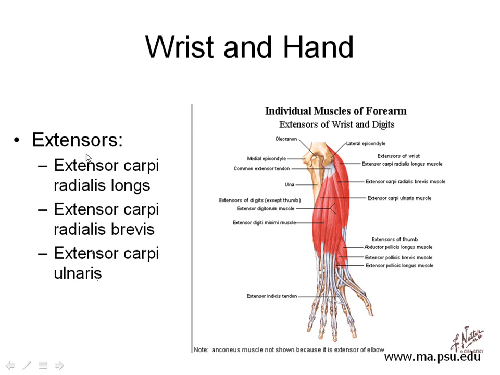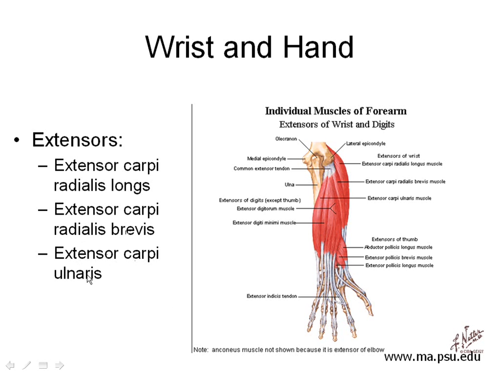Extensors of the wrist and hand are always located in the posterior compartment. So we have extensor, posterior compartment, carpi going to the carpals of the wrist, radius on the thumb side, longus. It's longer than its counterpart, brevis. If you practice brevity, you are being short. Brevis is short.